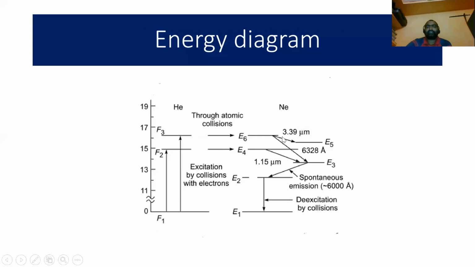Once E6 is populated more when compared to E3, population inversion takes place between E6 and E3. It causes stimulated emission of radiation. Due to that, laser light of 6328 angstroms is produced between the E6 and E3 energy levels.